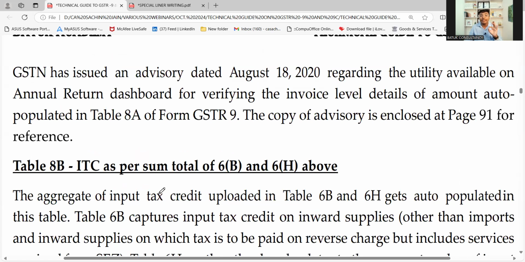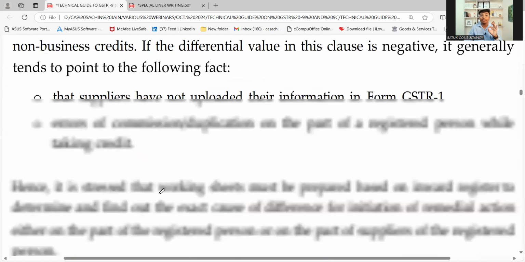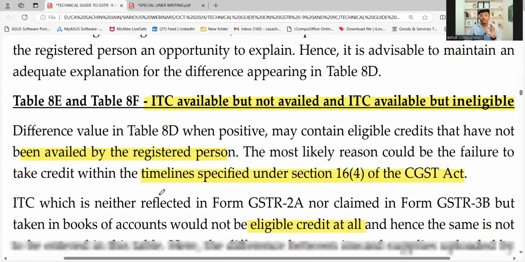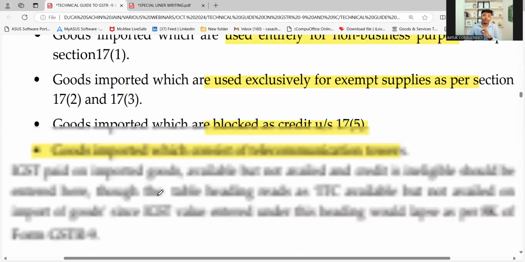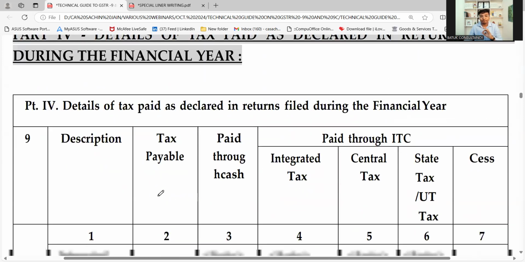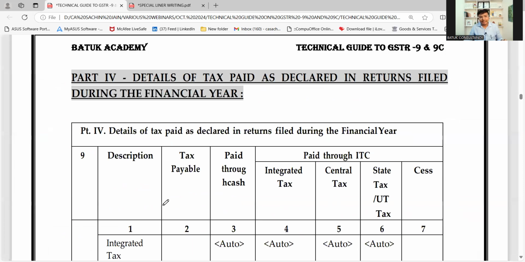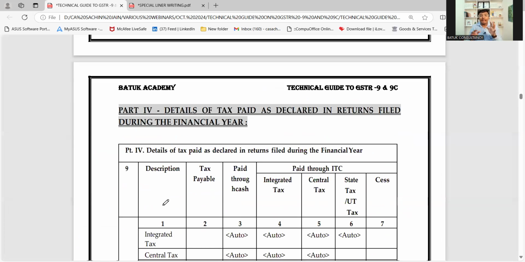This is also a very important reconciliation or very important bifurcation. We should be very much careful with that. Now, this table is my part 4, and in that particular table, I am supposed to show the tax payable through the set off of GSTR 3B, that is outward supply, and the input tax credit.